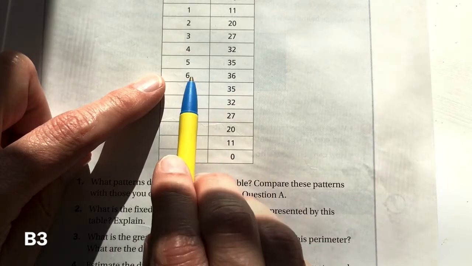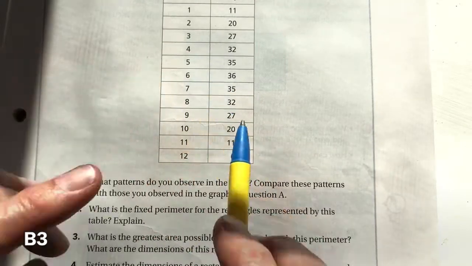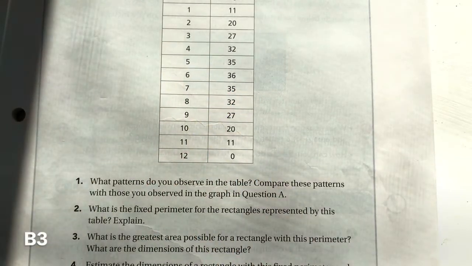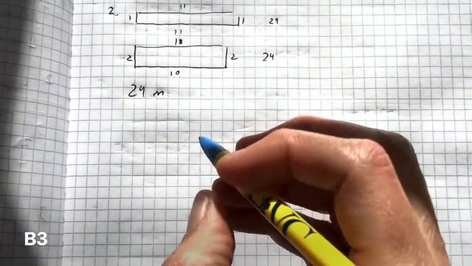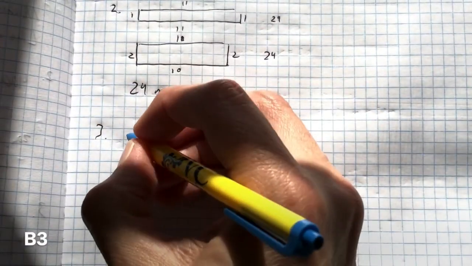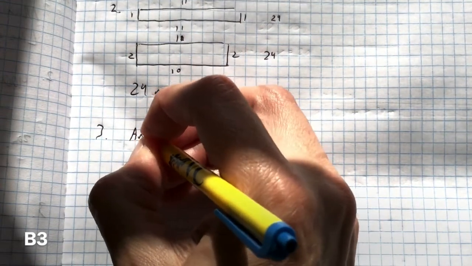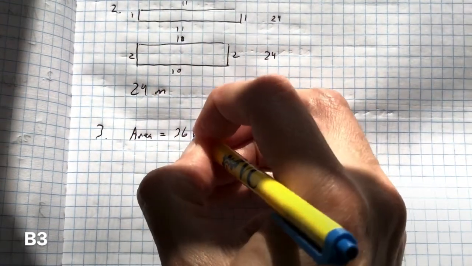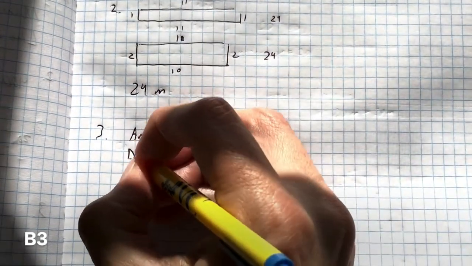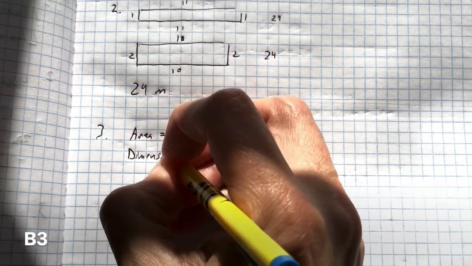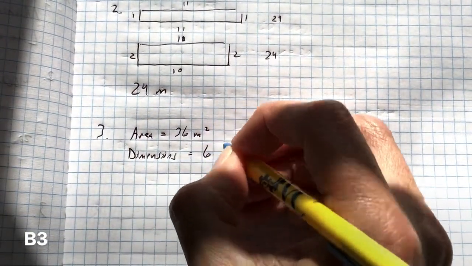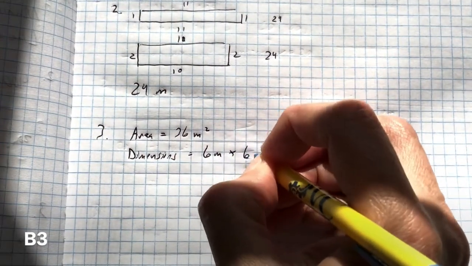And knowing my math facts, that would mean that the length would be 6 and the width would be 6. So for number 3, area is equal to 36 meters squared, and the dimensions are going to be 6 meters by 6 meters.